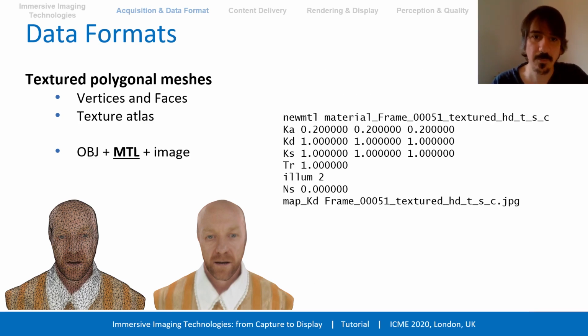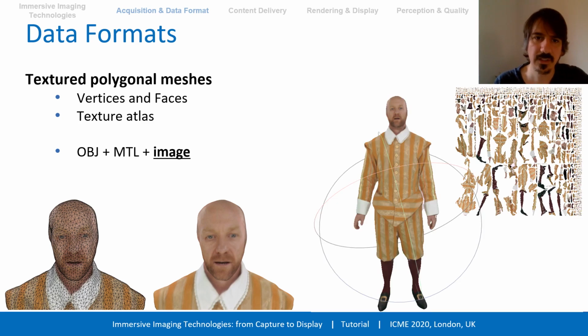So this is a sample material file, which was specified at the top of the OBJ file. And it includes various lighting values, such as the ambient light, the diffuse light, specular light, transparency, etc. Finally, we have the image data, which contains the texture atlas, shown here on the right.